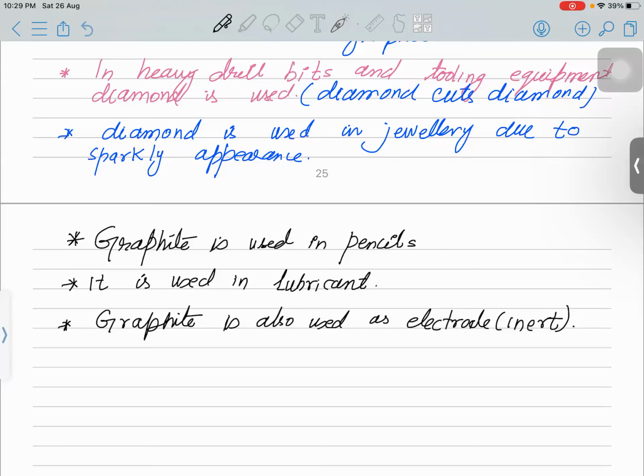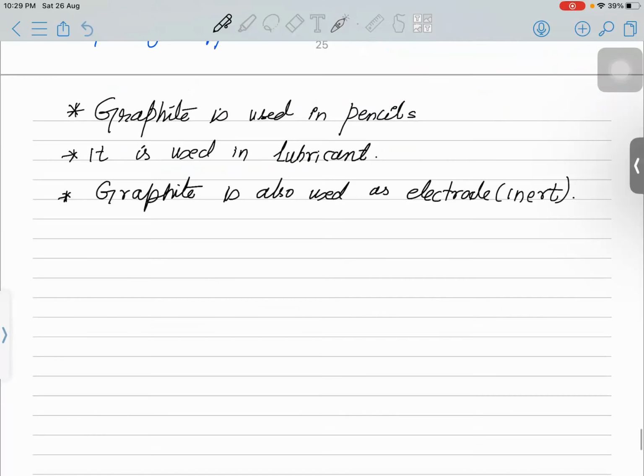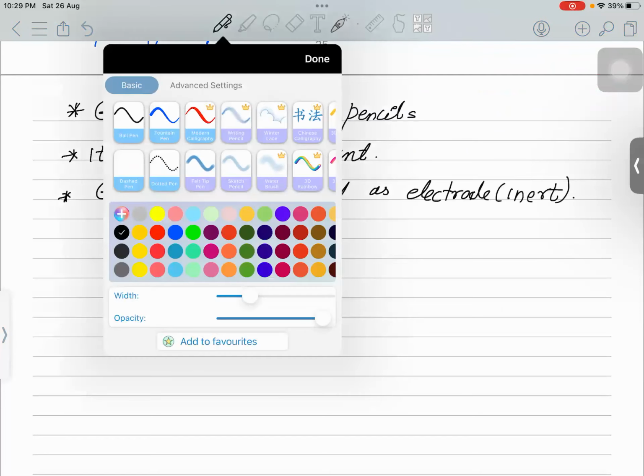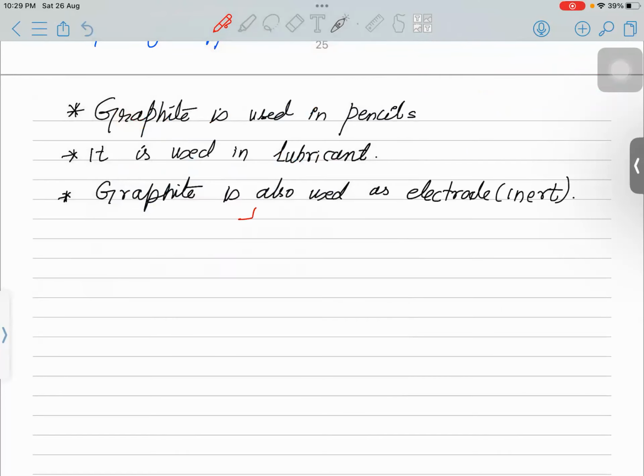Now next is silicon 4 oxide, or silicon dioxide.